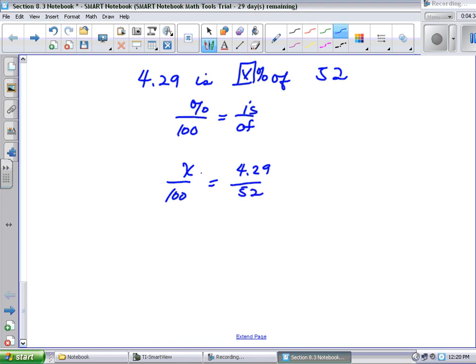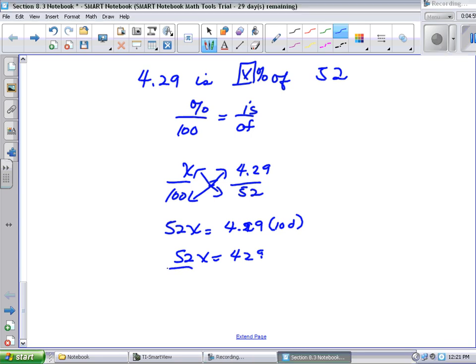So when we cross multiply, we'll have 52x is equal to 4.29 times 100, or 52x is equal to 429, because when we multiply by 100, it moves the decimal 2 times to the right.